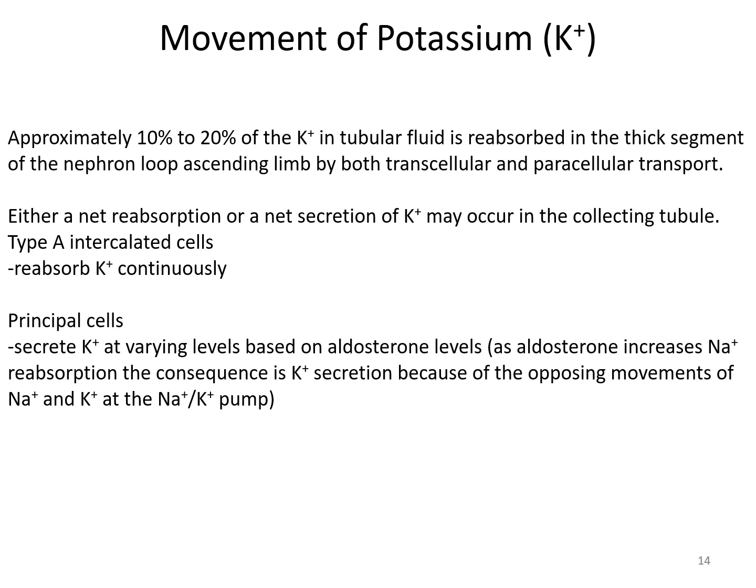And then we have other cells called principal cells that are responsible for potassium secretion, but that's going to happen at varying levels based on aldosterone levels. Again, aldosterone increases the amount of sodium channels, so it directly affects sodium, but as aldosterone increases sodium reabsorption, the consequence is potassium secretion because of the opposing movement due to the sodium-potassium pump. That was what I explained earlier.